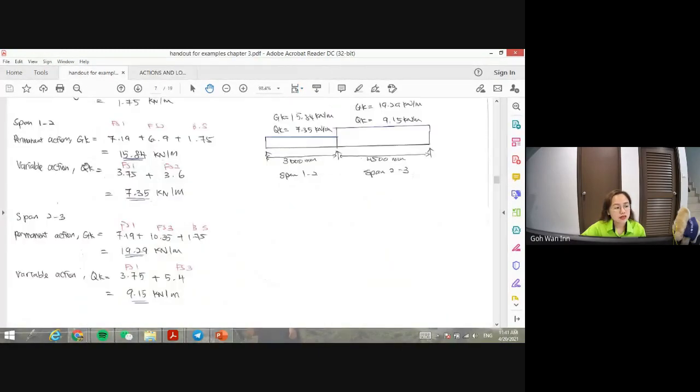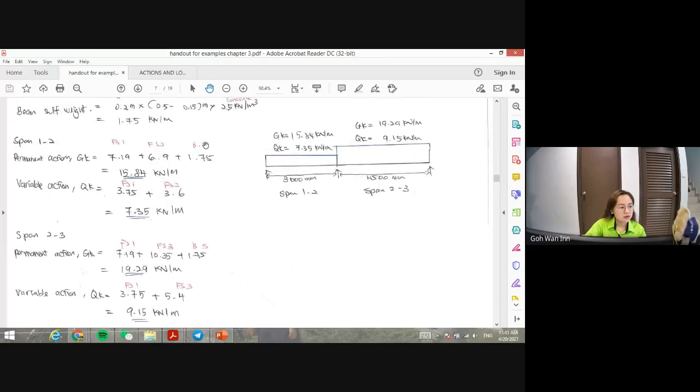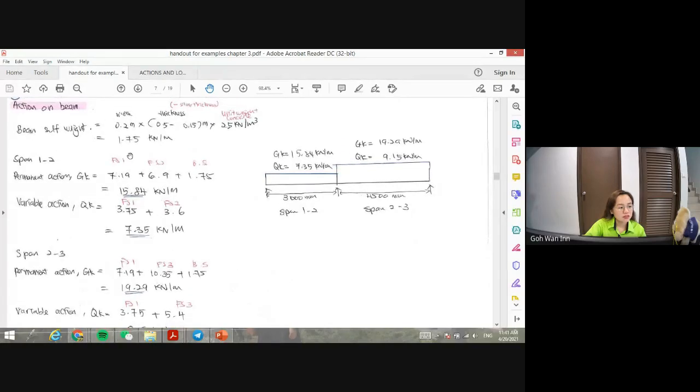So when you calculate the load from the distribution of the slab, you need to separate into 2 spans. So for span 1, 2, you will get the permanent action from FS1, FS2, and the beam self weight. FBS stands for the beam self weight. It's not standing for anything else.